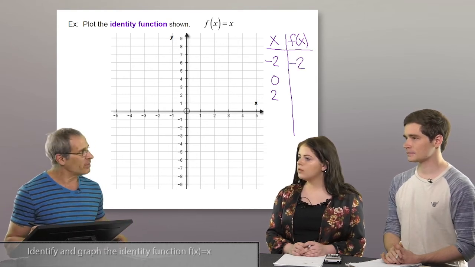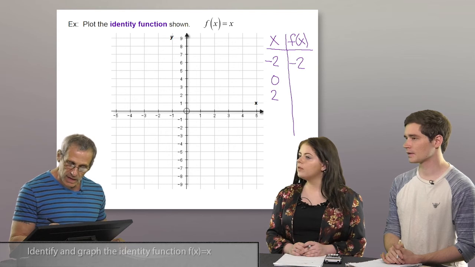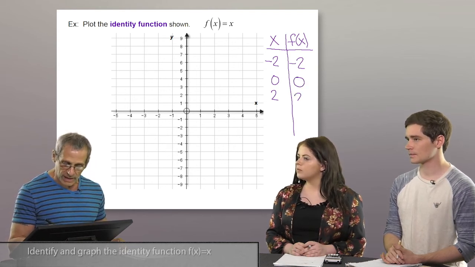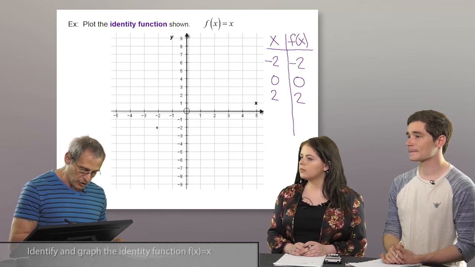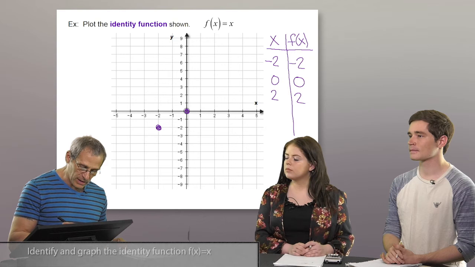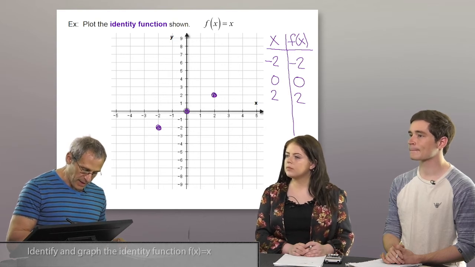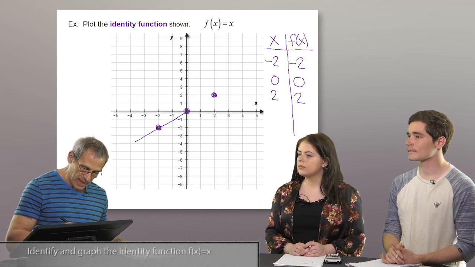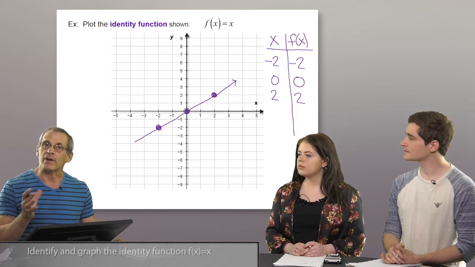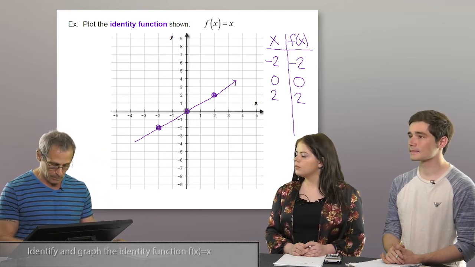When the input is 0, the output is? 0. And when the input is 2, the output is? 2. So we'll plot those points: (-2, -2), (0, 0), and finally (2, 2). And they fall along this line that I'm going to sketch. There is the graph that we need to be able to recognize for f of x equals x.